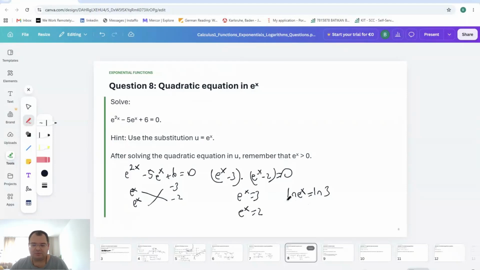Essentially, you can put x outside, so x equals ln 3. For the other one, ln e to the x equals ln 2, you can take x outside since it is an exponent, and x becomes ln 2. So you have two roots that solve the problem.